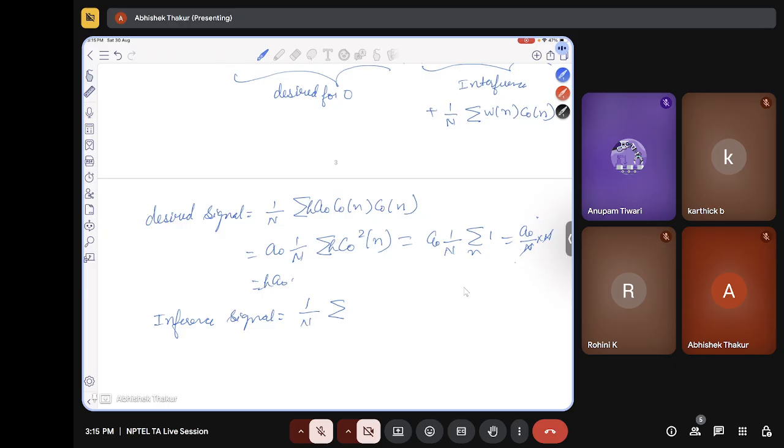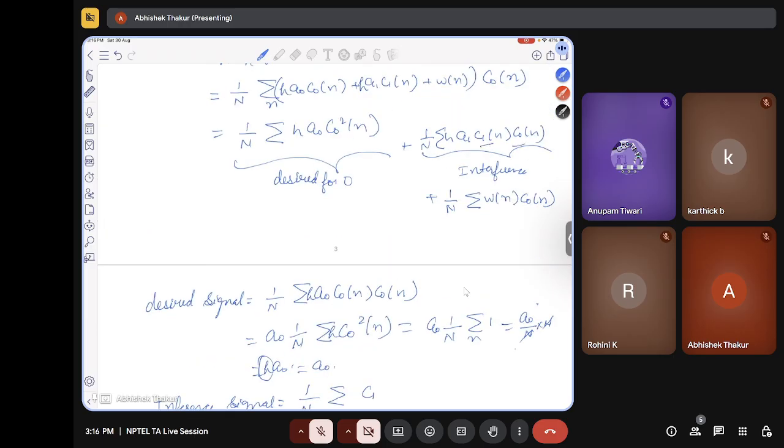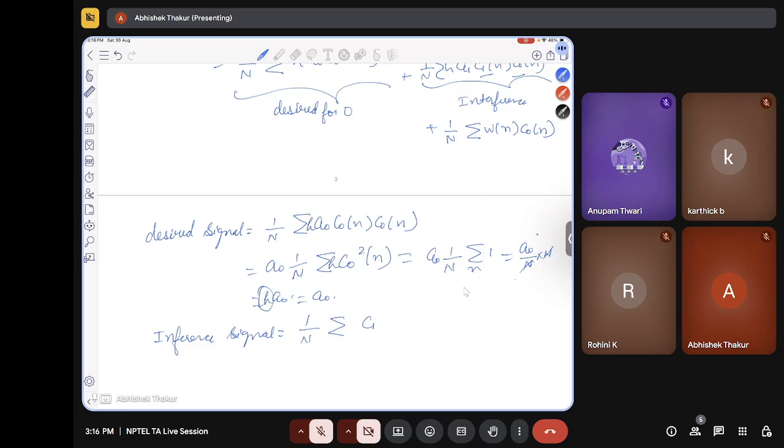If we take unity channel gain, we can drop H and directly write A0. For the interference signal, the sum is 1 by N of the codes C1[n] and C0[n].